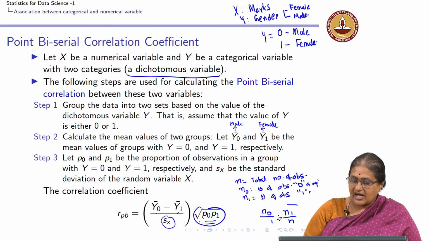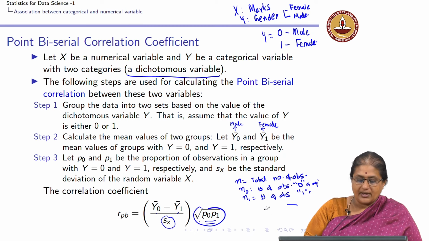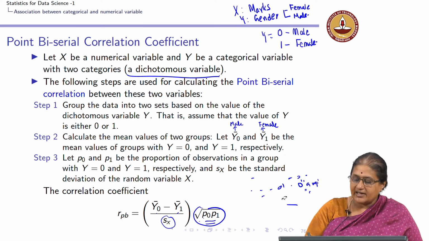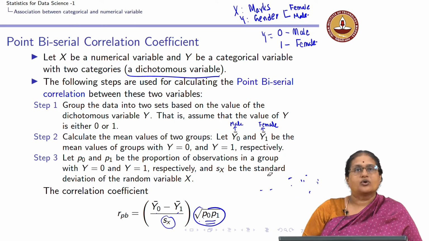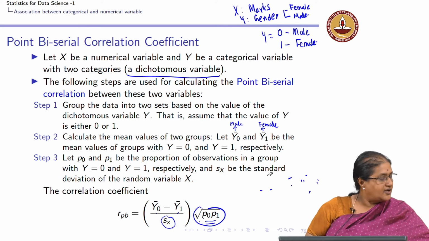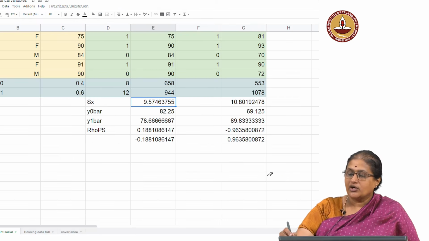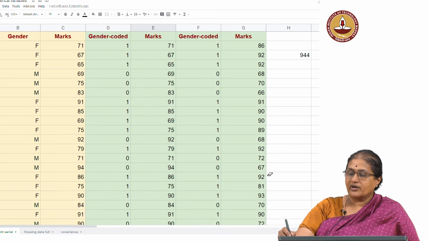So, this is how you compute a point biserial correlation coefficient of a data which has both numerical and categorical variable.